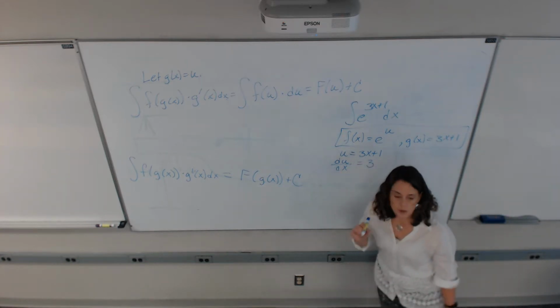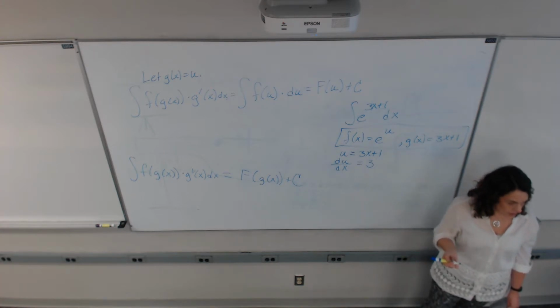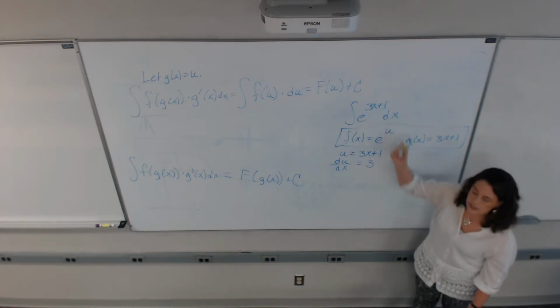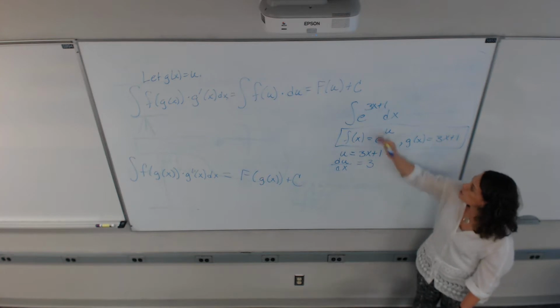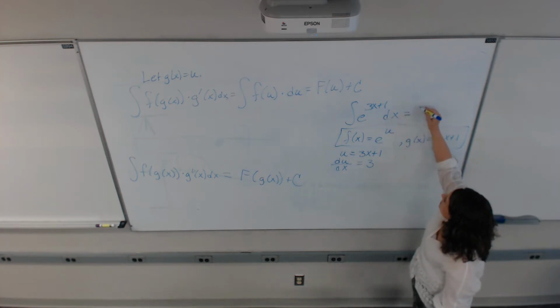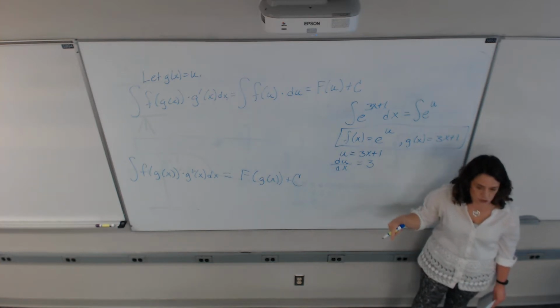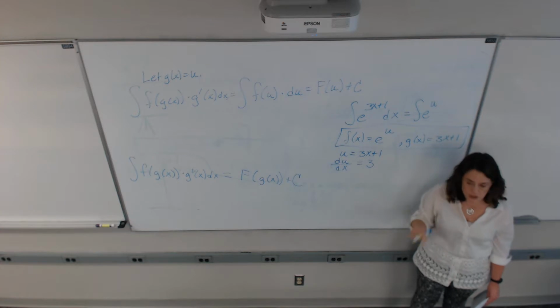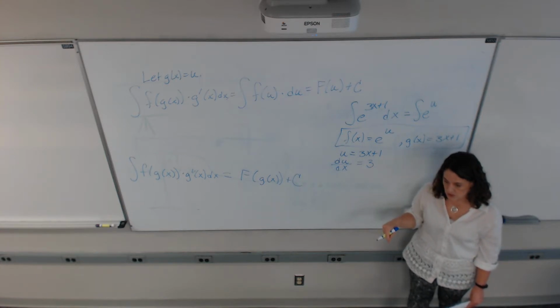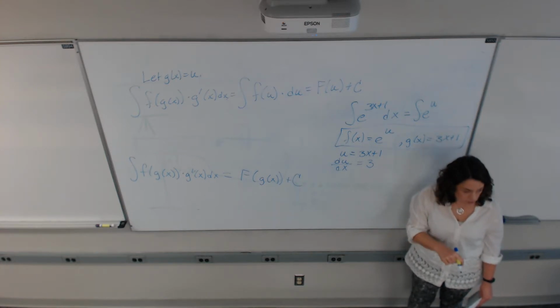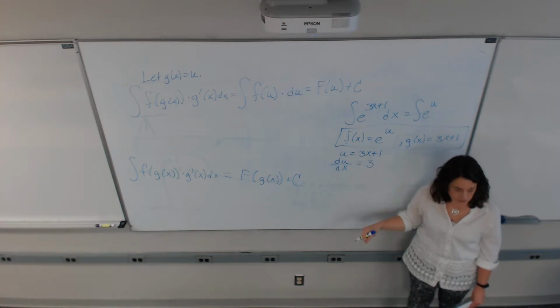Now I need to abuse the notation because I need to get a dx. I'm going to replace the 3x plus 1 with e to the u, but the problem is when I switch from x to u, I can't use the same differential. If I change the variable, I have to change the differential.